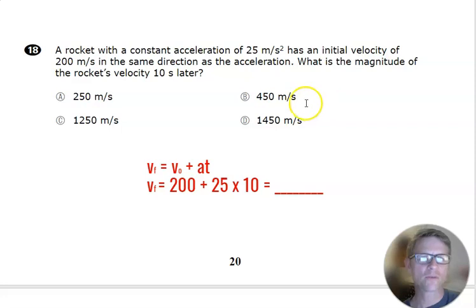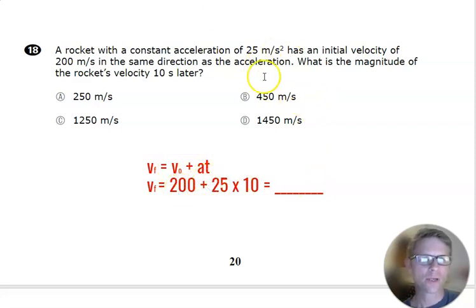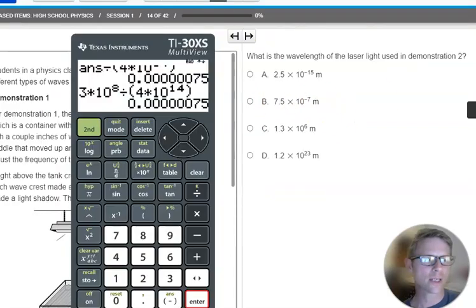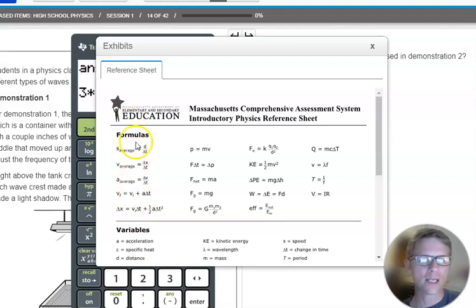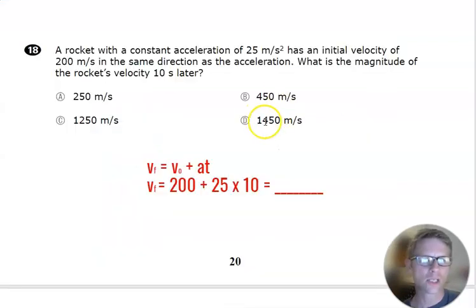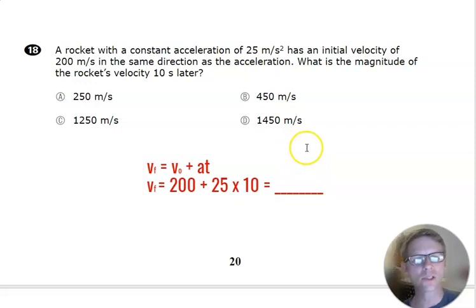This one's pretty straightforward. It's a motion equation, but a slightly different equation. You can find that equation here, but you can also use the equation that I taught you, or you can use logic to figure out that it starts out and then it increases its velocity by the amount of the acceleration.